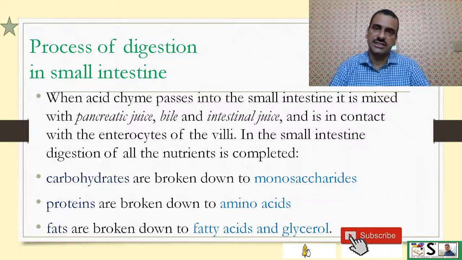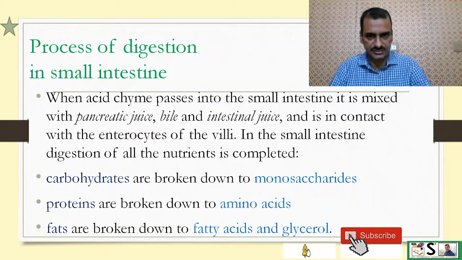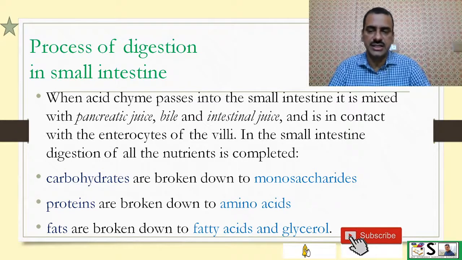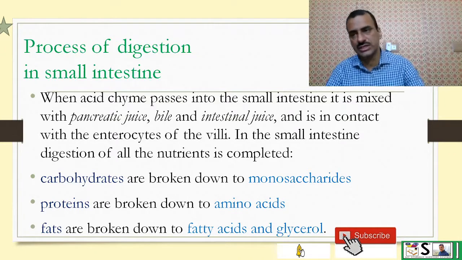In the small intestine, all nutrients are digested and converted into simpler forms. Carbohydrates are broken to monosaccharides, proteins are broken to amino acids, and fats are broken to fatty acids and glycerol, which can be absorbed easily.